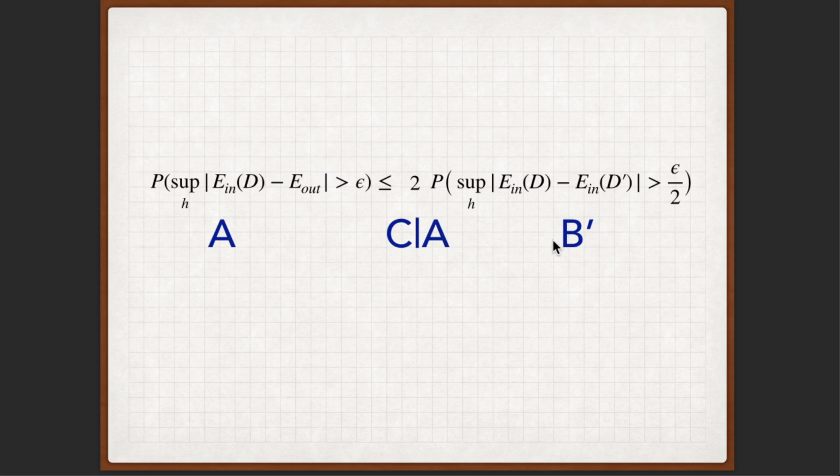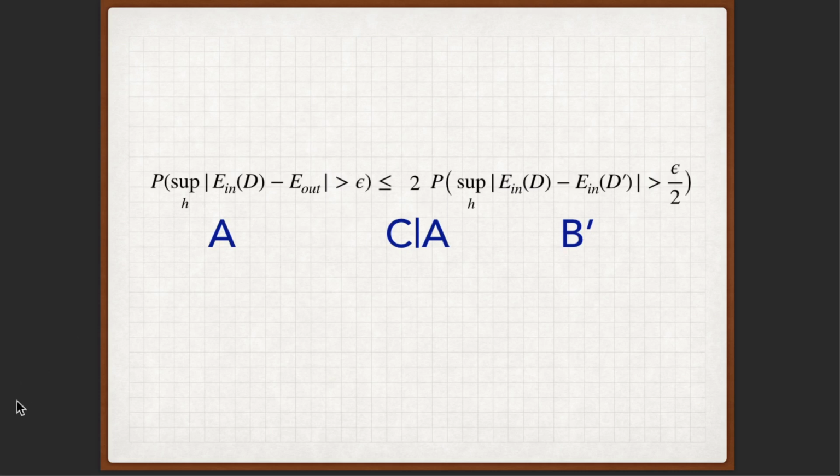So if B prime happens with some probability, PB prime, then A will happen with less than twice that probability. So using the probability of B prime, we limit the probability of A.